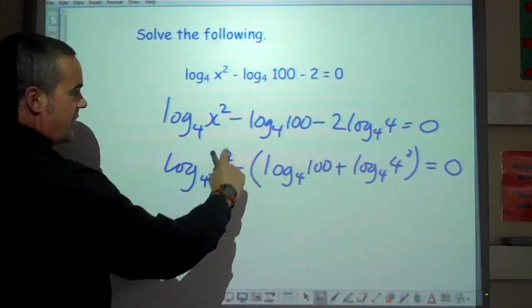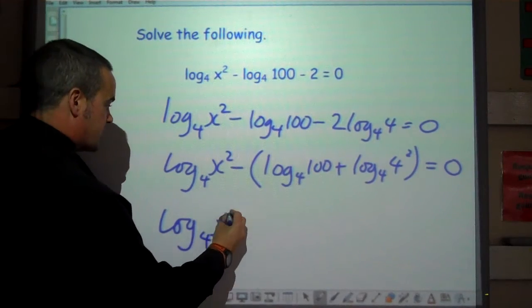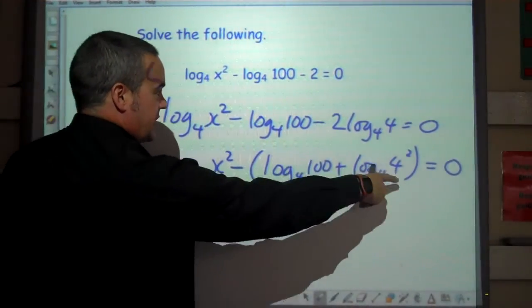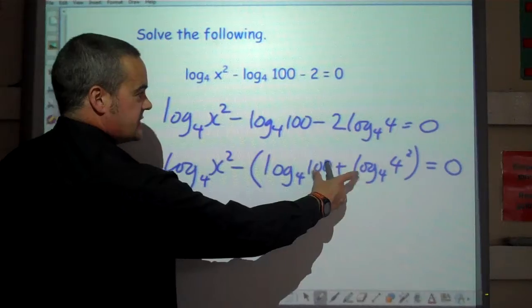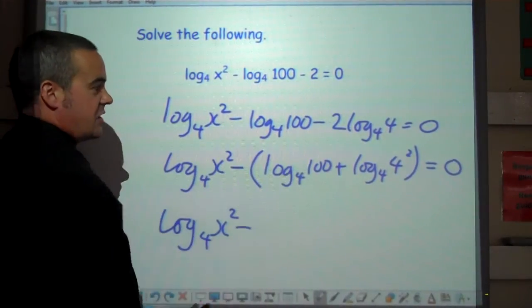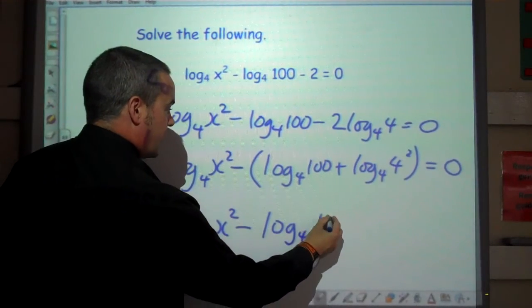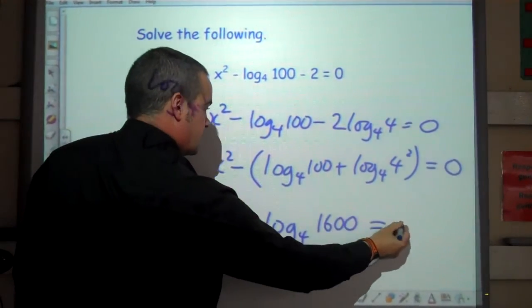I'm taking the 2 minuses out so they plus together. So that gives me log 4x squared minus. Now one rule here is that by adding the logs, I multiply the 2 numbers. 4 squared is 16. 16 times 100 is 1,600. So log 4 of 1,600 equals 0.